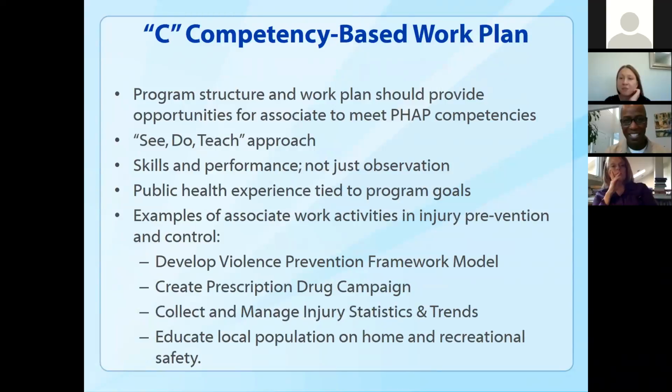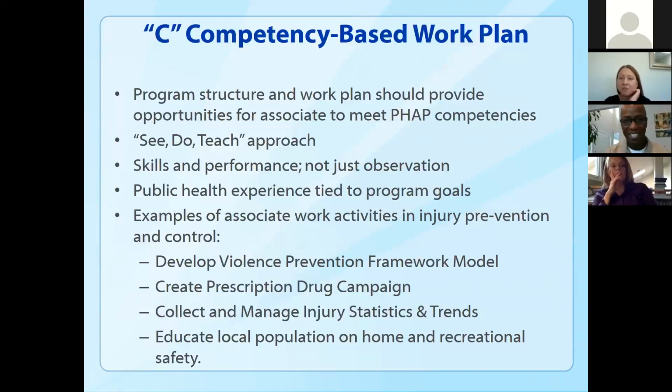So the first one is that they believe in a see, do, teach approach. And what that means is that for each of your major activities, you need to have an opportunity for that associate to see those, to be a team member, to be either a coordinator or an outreach prevention manager, and then have an ability for that associate to actually teach others, whether it's in a classroom with other health educators, but we want to really see that there is a see, do, teach approach in your plan.